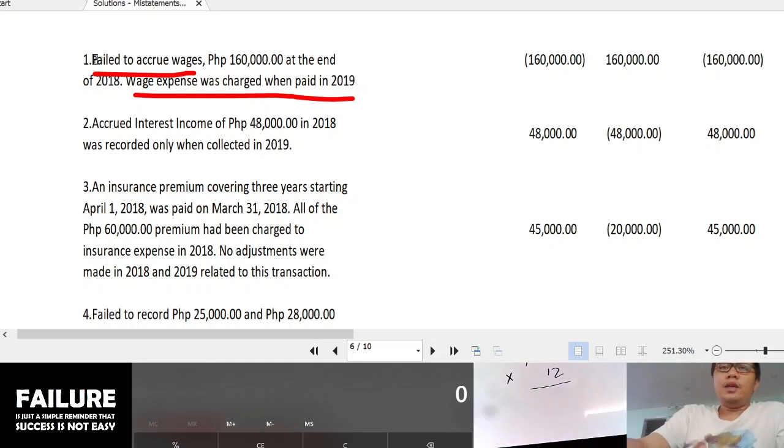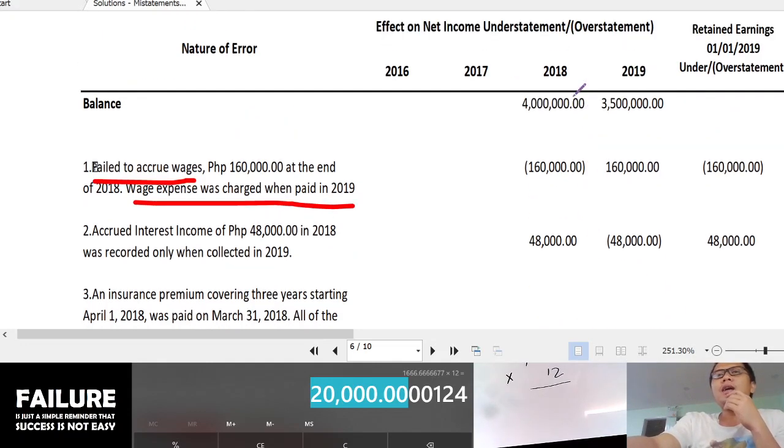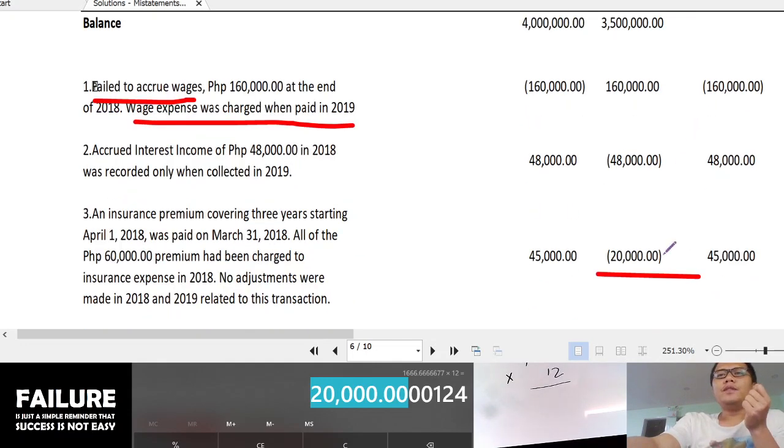That would basically be na dapat in 2019, mayroon kang times 12, mayroon kang 20,000 na i-recognize dapat na expense. Pero ano yung nangyari? Hindi mo siya na-recognize. Kaya, yung effect niya sa net income natin is that the net income is overstated by 20,000. Okay?